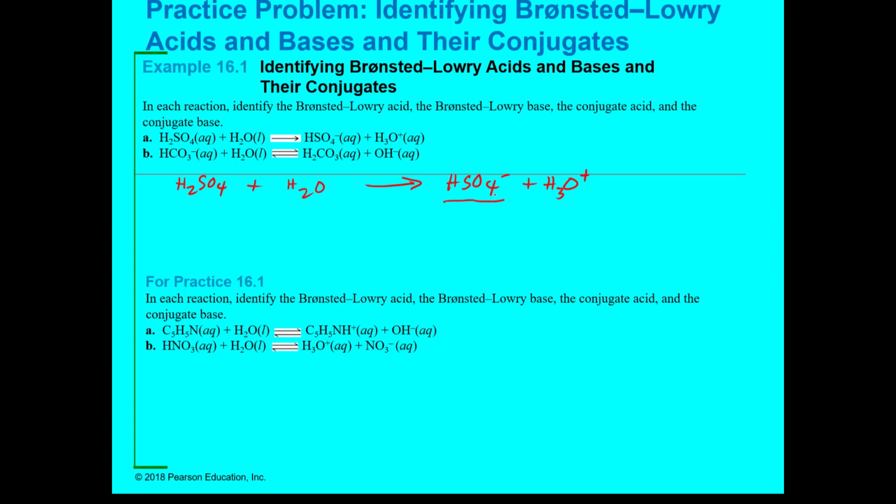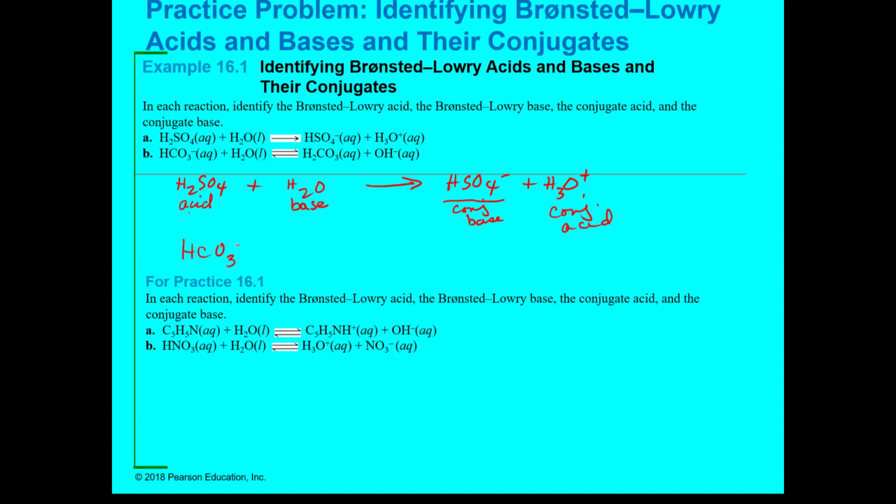It turned into HSO4 minus, which means it lost a hydrogen. So it gave up a hydrogen, so it must have been an acid. If that's the acid, this is the conjugate base. If the sulfuric acid is reacting with water, water is acting as a base in this reaction, and the base accepted that proton and became H3O plus, so that is now a conjugate acid. See how that works?